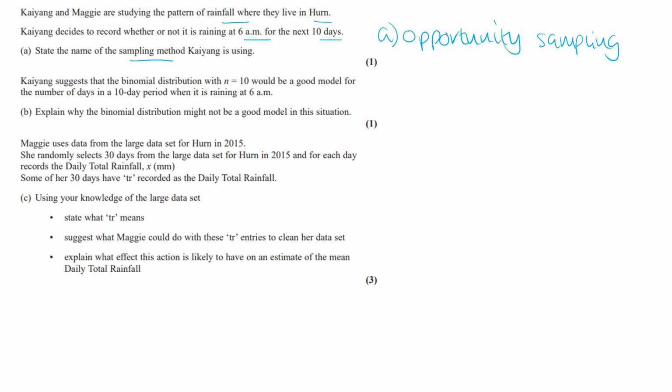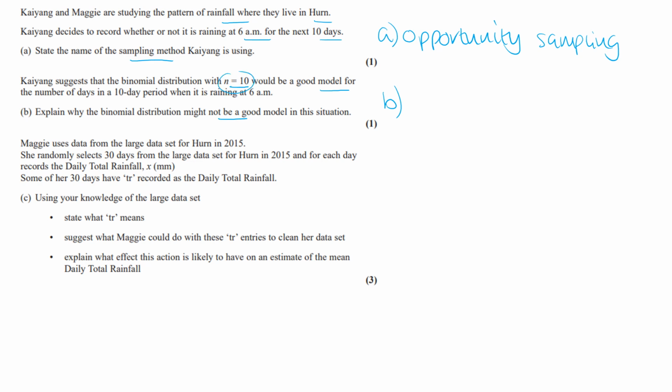Okay, part B, Kyang suggests that the binomial distribution with n equals 10 would be a good model. Explain why the binomial distribution might not be a good model. So for this, we've got to think about using the binomial. It's either going to rain or it doesn't, so that kind of fits. Small number of trials, that fits.